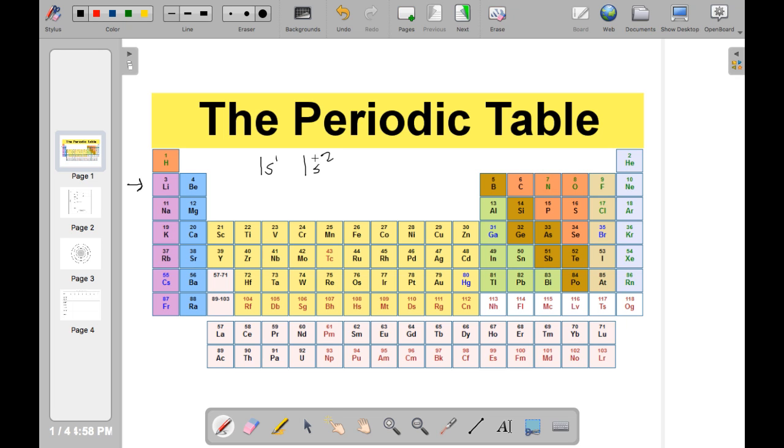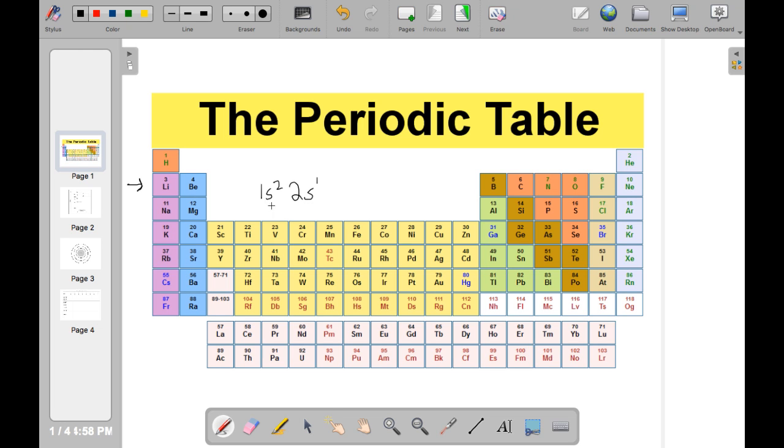Okay, so if we move down here, we have lithium, which really is 1s2, and now we're in the second energy level, and 2s1. That's the electron configuration for lithium. And yet again, it's just telling us we have two energy levels.